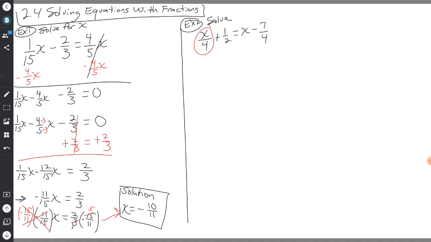Right, we can write it as 1/4 x because in reality, there's a 1 in front of the x. So we can rewrite it in that way.